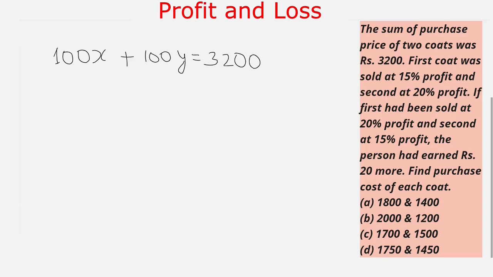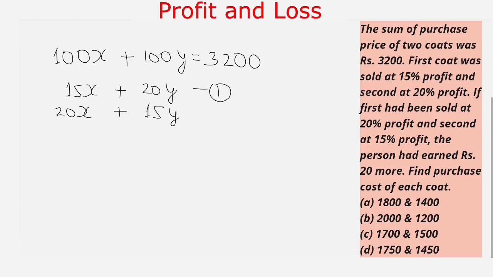In first case, the profit is 15% on first coat, that is 15x, and 20% on second coat, that is 20y. So sum of the profit is 15x plus 20y in first case. And in second case, 20% on first coat, that is 20x, and 15% on second coat, then it is 15y.